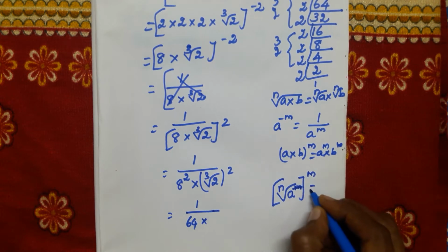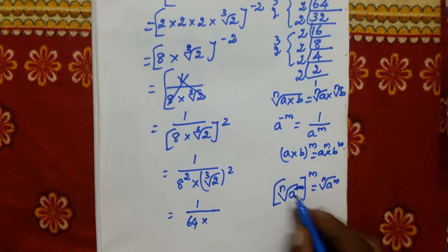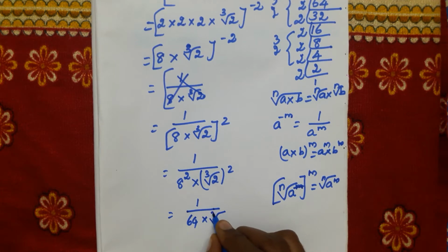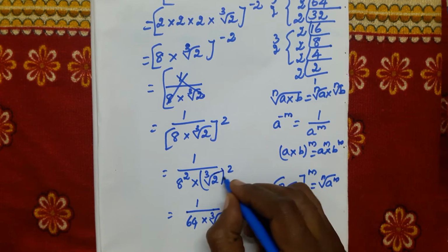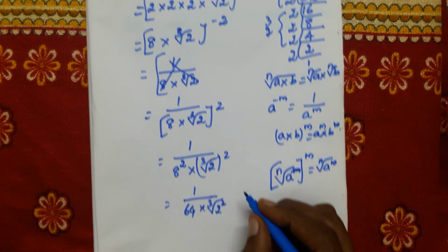When we are using that, what we are getting? Cube root of 2 square. This power will become inside the radical notation.